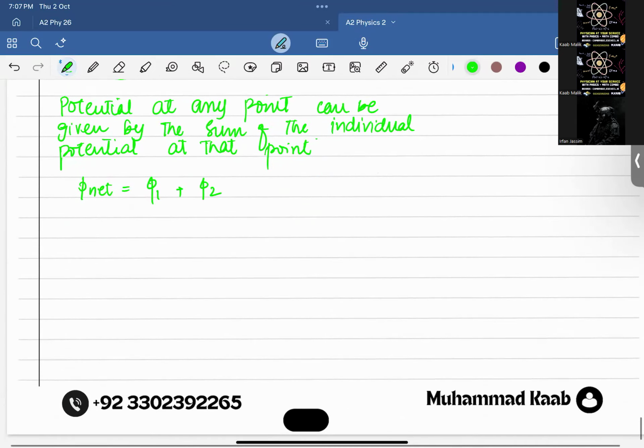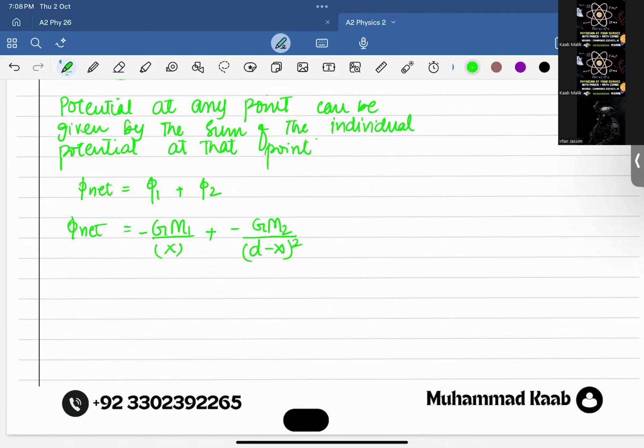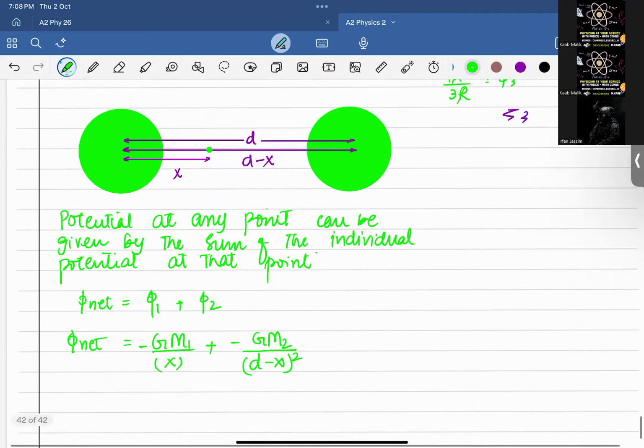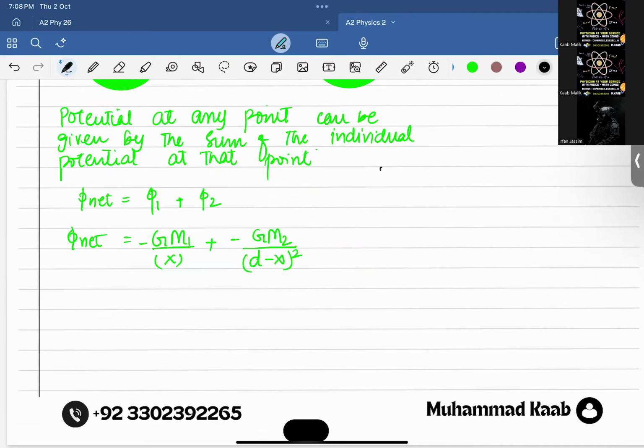So minus G m1 over x, plus minus, with a negative sign because the formula contains a negative sign, G m2 over d minus x, right? And this is basically the equation for the net potential, okay? And you can simplify it further depending upon the scenario you are given. But if you plot the graph, the graph looks like this.